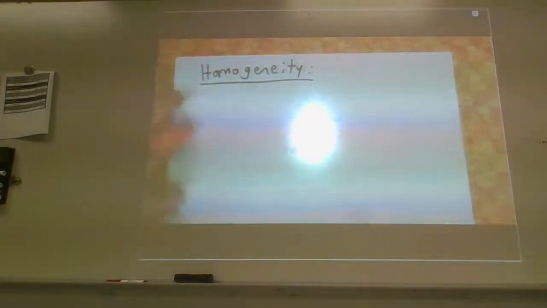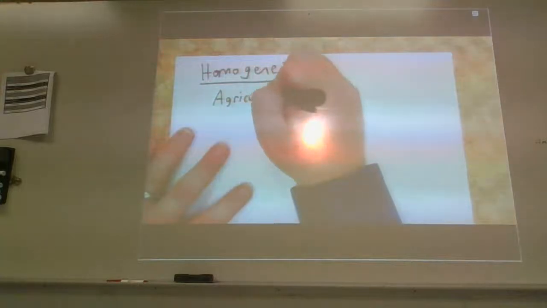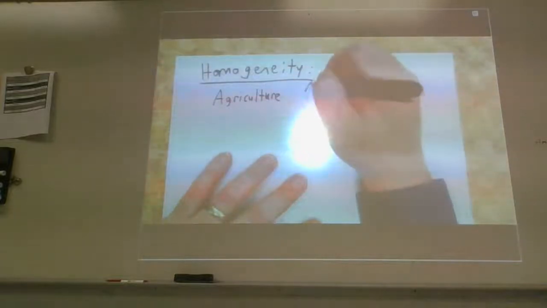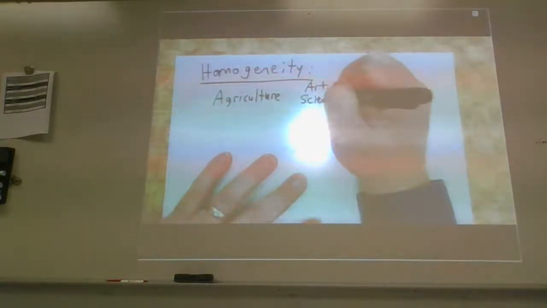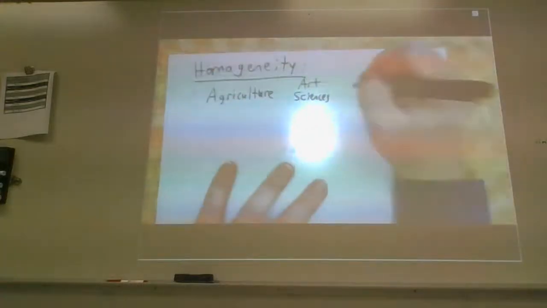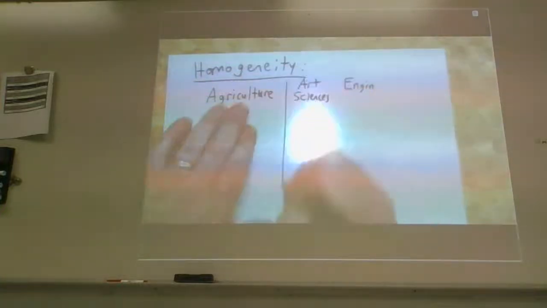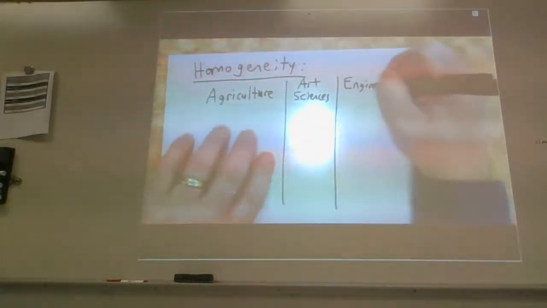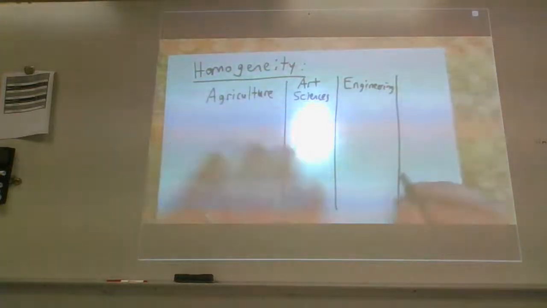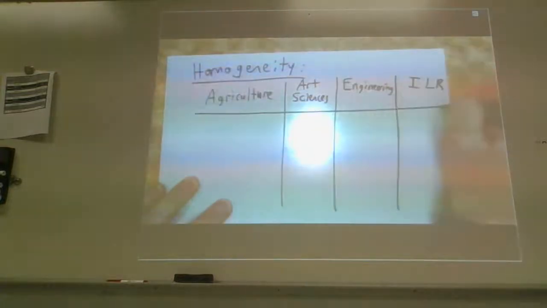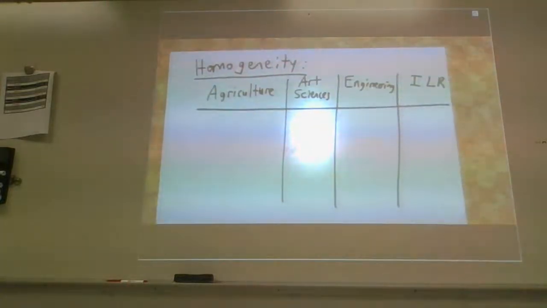Homogeneity. Here's a little chart for you. Within a university, there are different schools of subjects that are being taught. There's agriculture, the arts and sciences, engineering, and ILR, which I don't even know what ILR was.